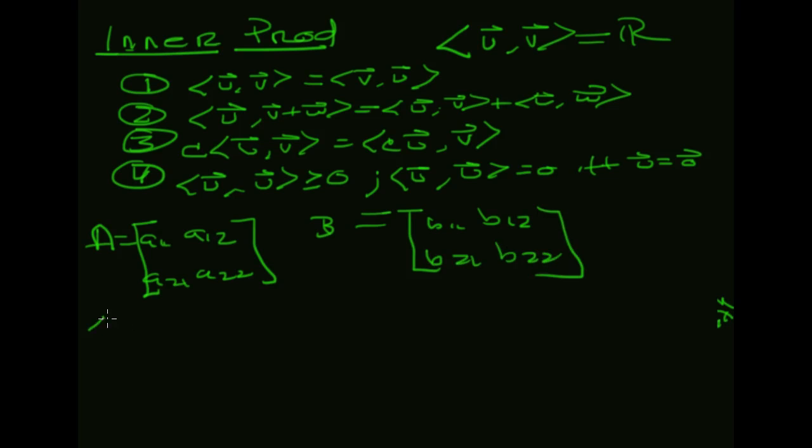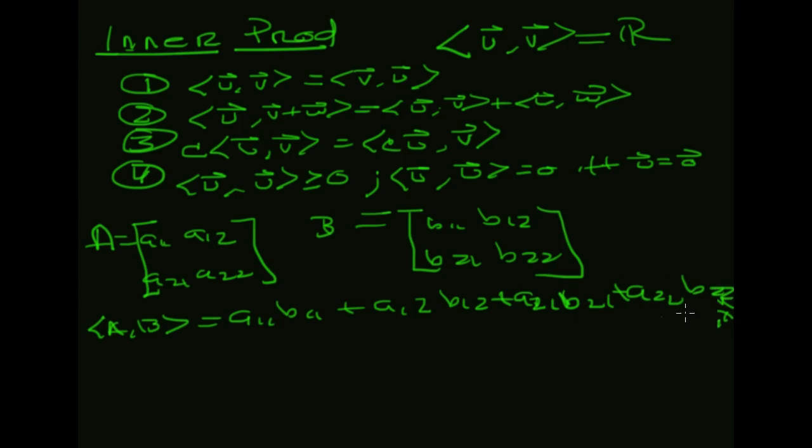The inner product of matrix A with matrix B is A11 B11 plus A12 B12 plus A21 B21 plus A22 B22. And that's going to give me a real number that meets all four of these criteria.